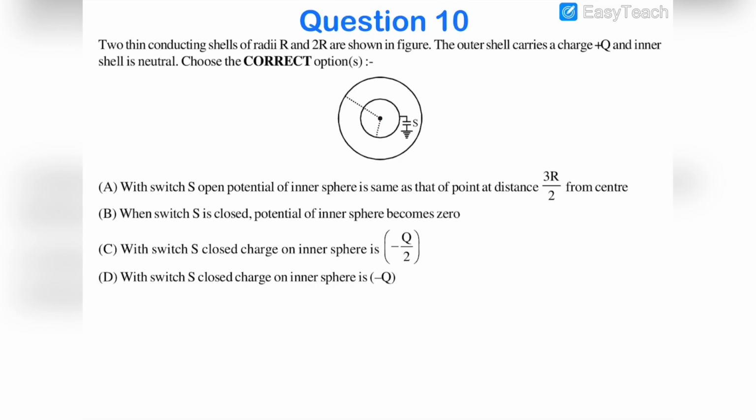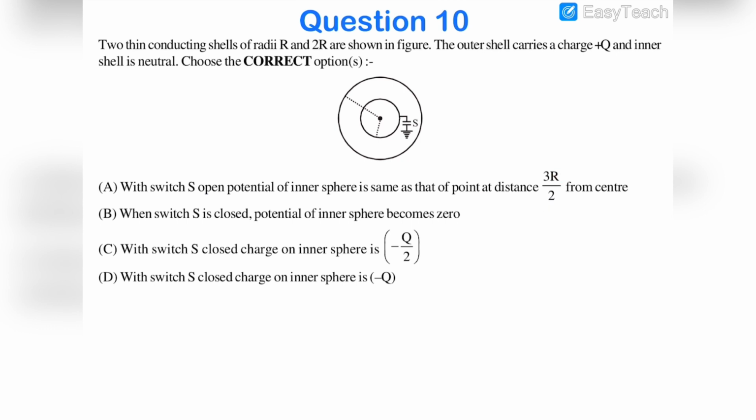In this question you can see that there are two thin conducting shells of radii R and 2R respectively. The outer shell carries a charge of q and the inner shell is neutral. We have to choose the correct options. When the switch is open, the potential of the inner sphere will be the same as that at a distance of 3R by 2 from the center.